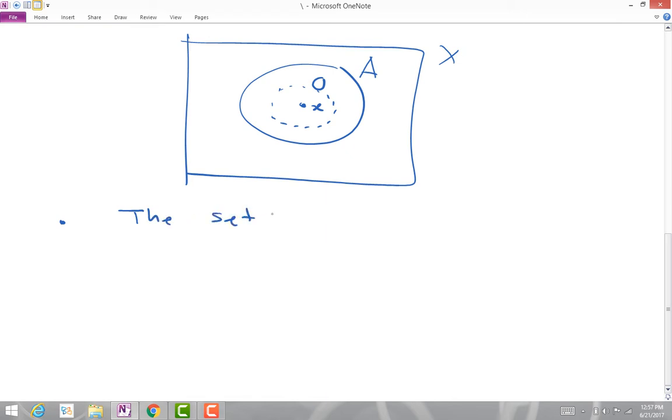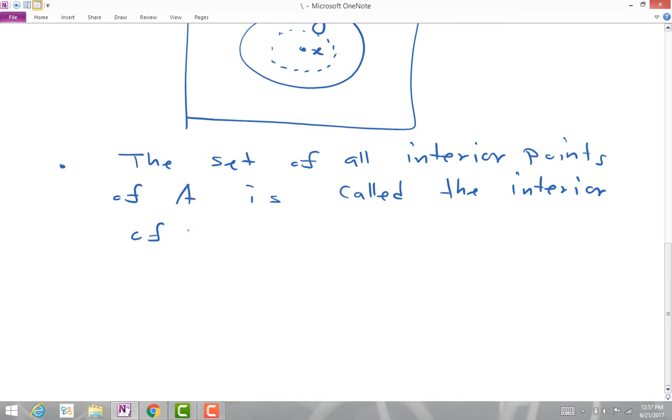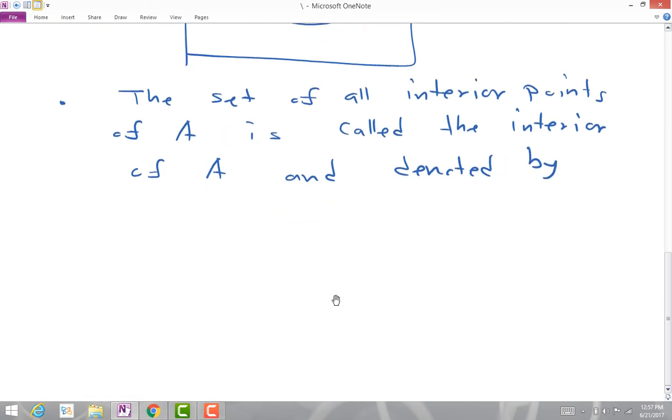The set of all interior points of A is called the interior of A and denoted by, now this is not standard, in some books we use int A for the interior.